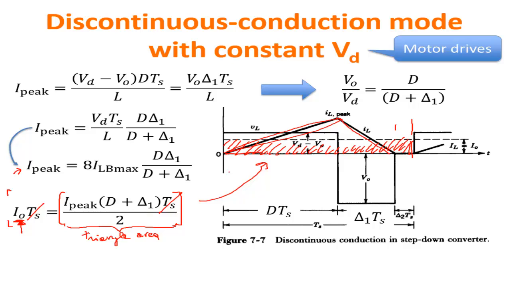You see, this is the peak, I peak. D plus delta 1 times Ts is the base of the triangle, divided by 2. And this must be equal to the area of the rectangle, which is I_O times Ts. So that we can obtain now I_O. Of course, Ts and Ts go away.